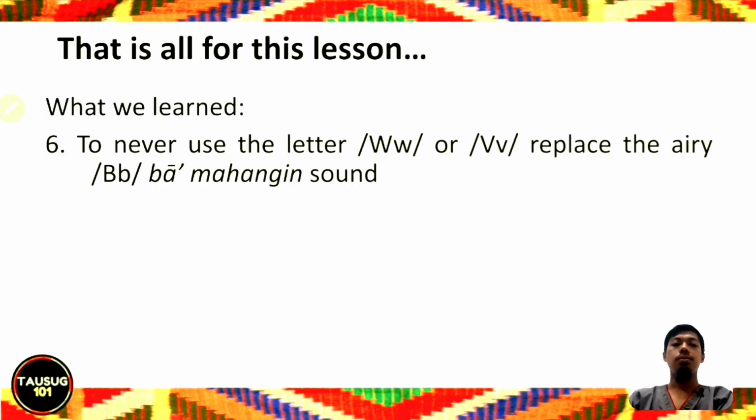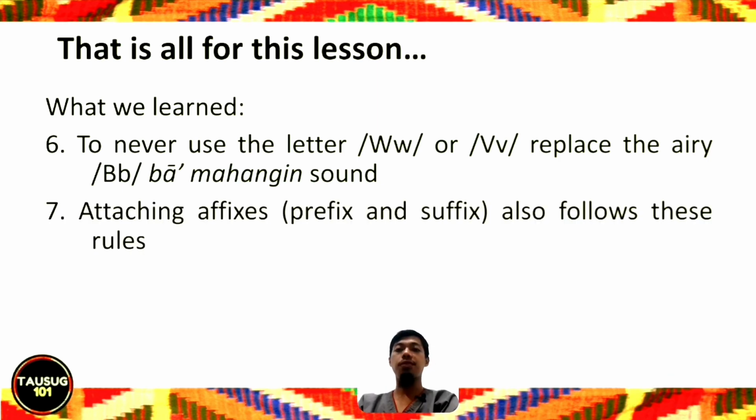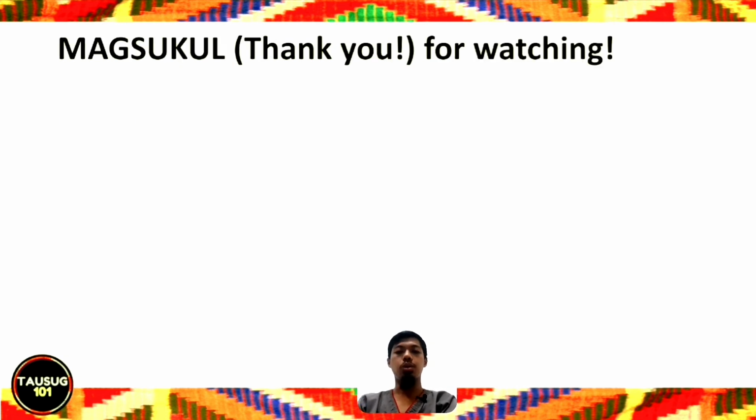And lastly, also a reminder, we should never use the letters va or w to replace the airy ba mahangin sound. Attaching affixes like a prefix or a suffix also follows these rules.